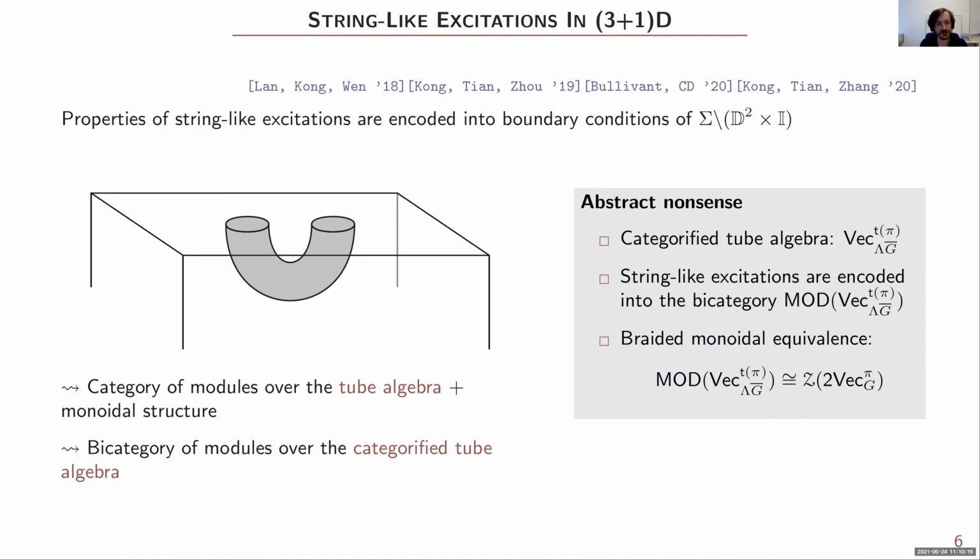So we begin by looking at the regular neighborhood of the string, which we remove, and then we essentially want to classify the boundary conditions. Now we can proceed as before by considering a tube algebra.